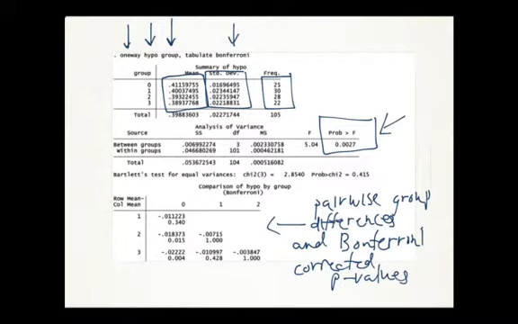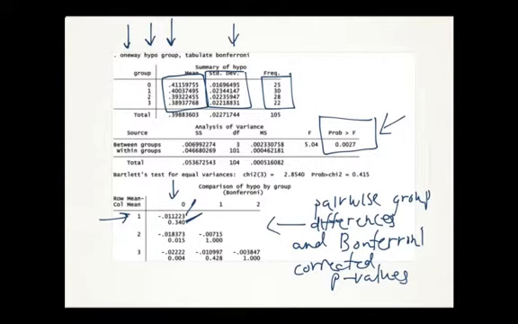Okay, so you can see where you look at column 0 and row 1, that means we're comparing group 0 and group 1, and their mean difference is this negative 0.01122 here. And then below that, this 0.34 is the Bonferroni corrected p-value, okay?